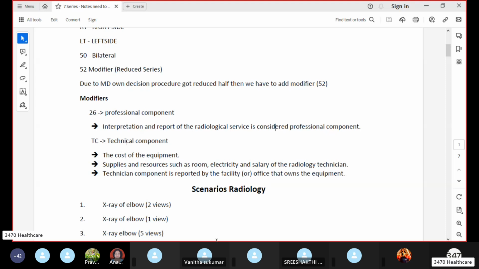After that, that MD receives the X-ray film report and looks at it, writing the summarization of what he sees. So my question is, how will you report the provider service? What did he give in that hospital?